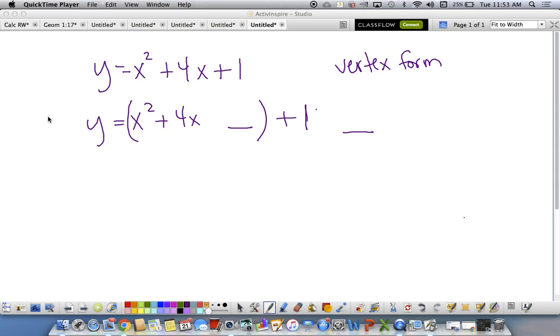So, to complete the square, what's our little formula? B over 2. So we're going to add (b over 2) squared right here. Here we have 4 divided by 2 is 2. 2 squared is 4.